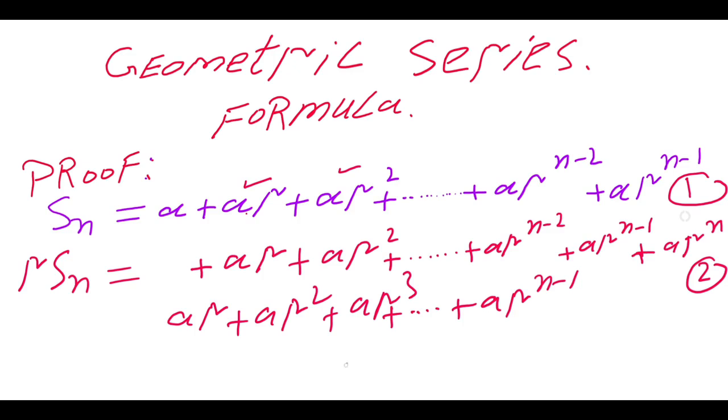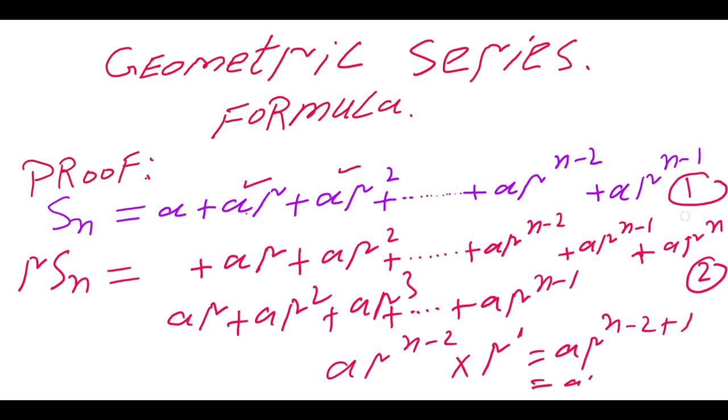Why? Because AR power n minus 2 multiplied by R gives A R, and the power of R here is 1. When you multiply, the powers must add, so R power n minus 2 plus 1, and the result is AR power n minus 1.